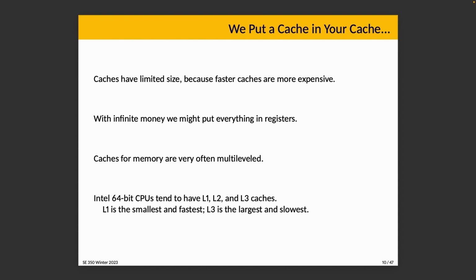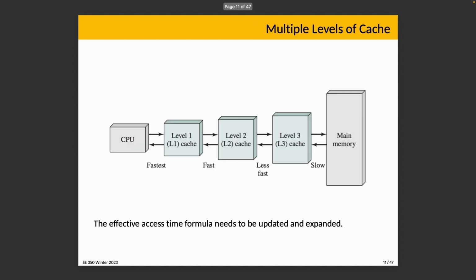And obviously you would update the expected access time formula to account for the fact that there are different levels, given that we are now talking about, okay, what's the hit ratio for level 1 times its speed versus what's the hit ratio for level 2 times its speed, and then level 3, and then finally main memory, right?